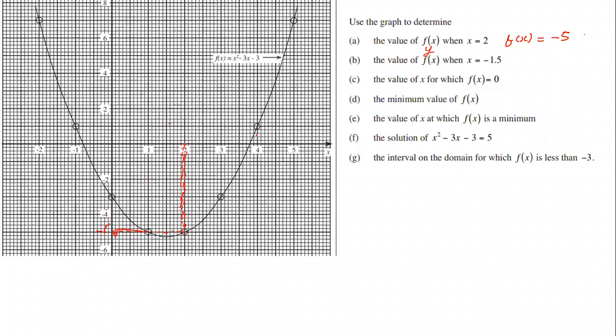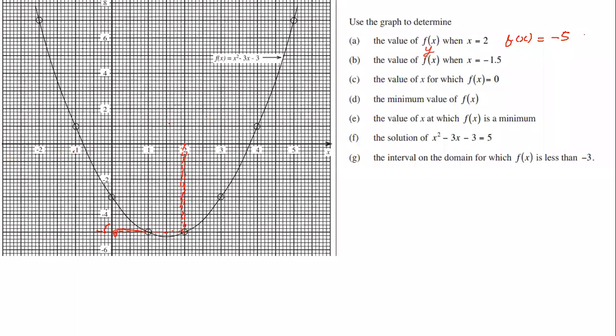Look at B. The value of f(x) when x is equal to -1.5. Where do I find -1.5? On the left.